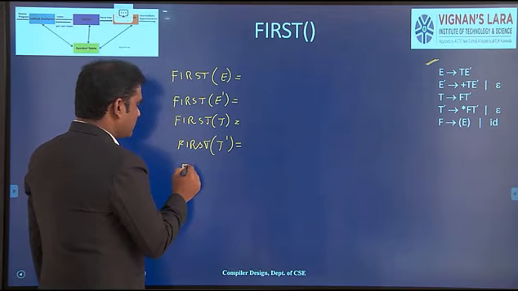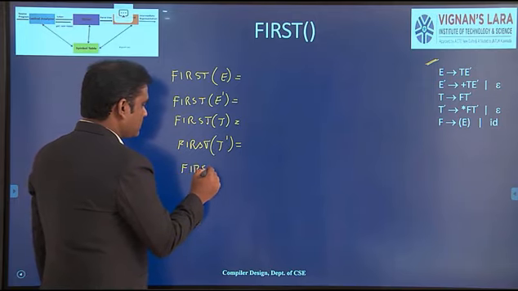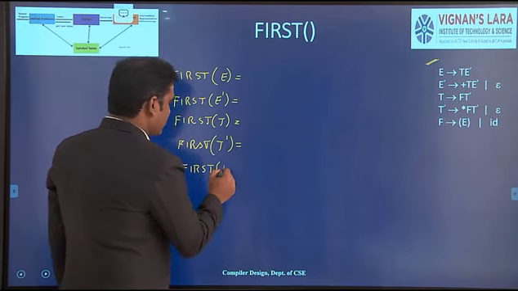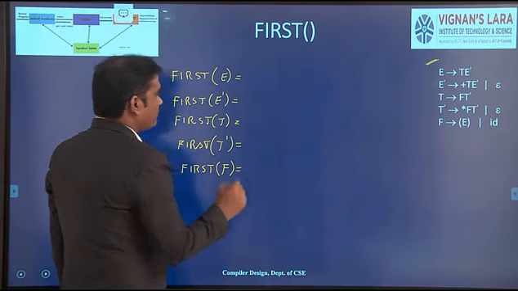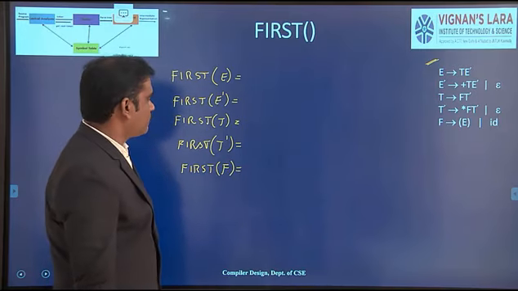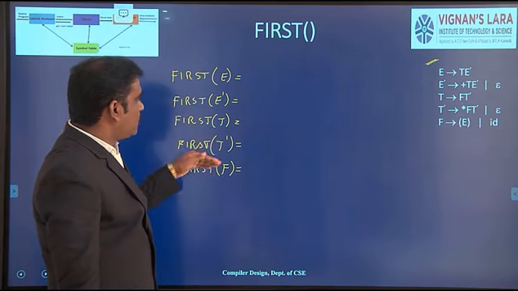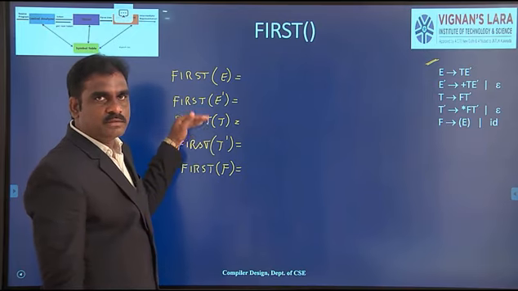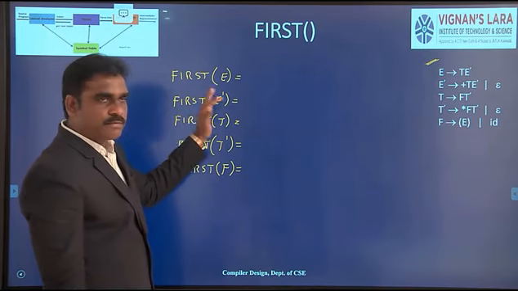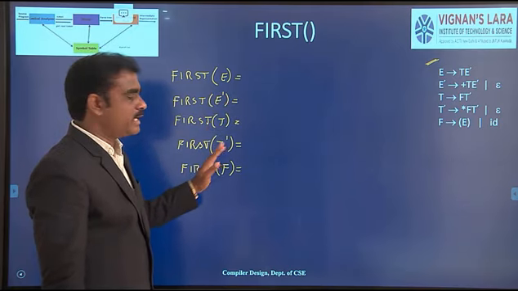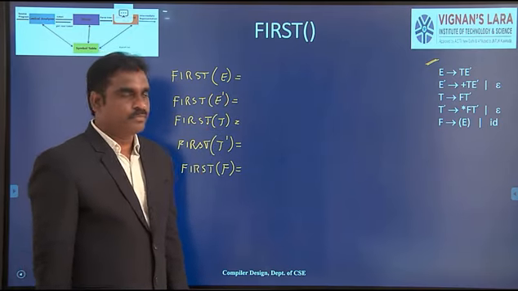And the last one is first of F. So we have to compute these for the non-terminals: first of E dash, first of T dash, and then first of F.